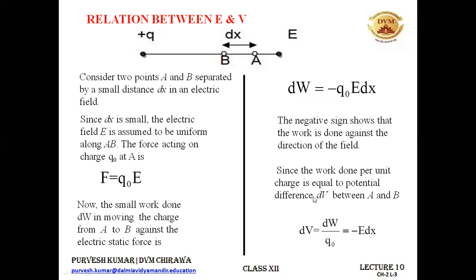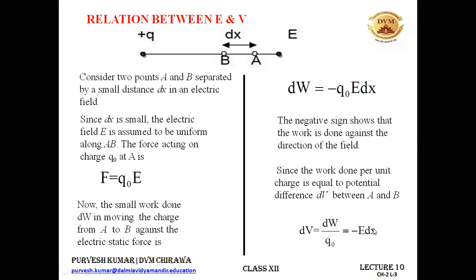What I've done, if I need to find the potential difference between these 2 points, I need to divide the work done in bringing a charge from first point to another point with the charge that I am taking. So I've just divided this dW with Q naught. You'll be left with dV that is equal to minus E dx.